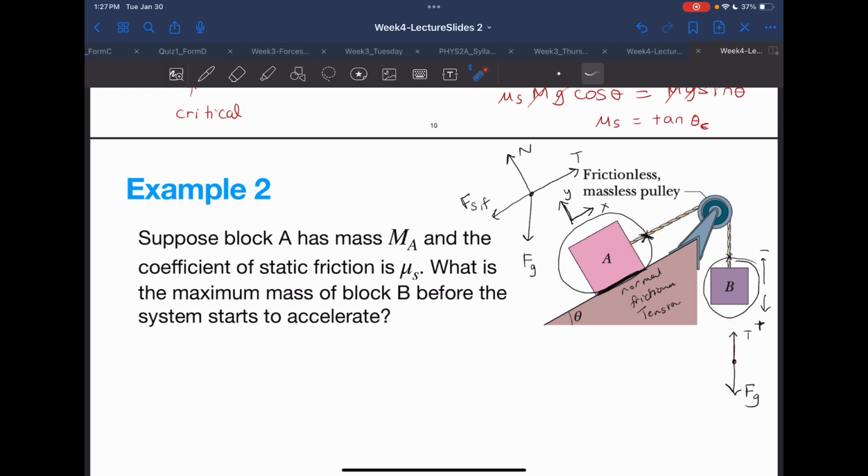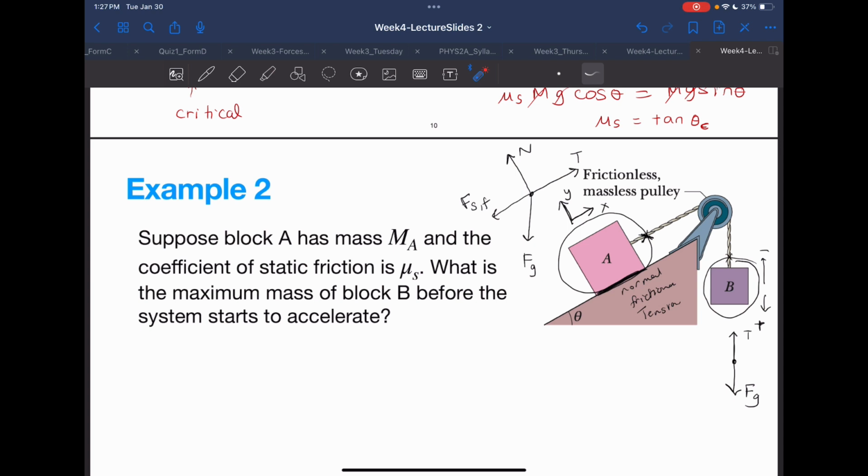But we're trying to figure out before the system even starts to accelerate. Since we're assuming these blocks stay in equilibrium, this convention doesn't end up being as important in the calculations.